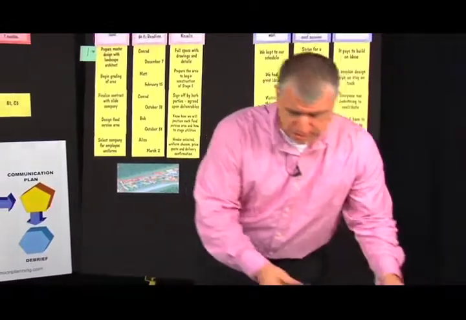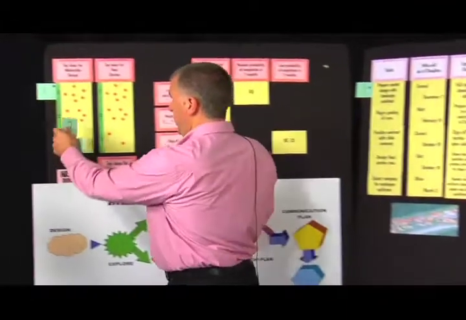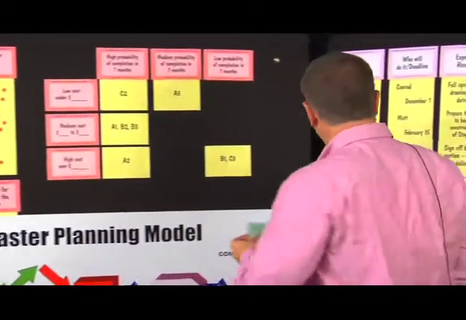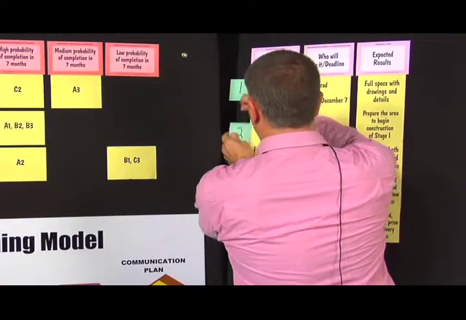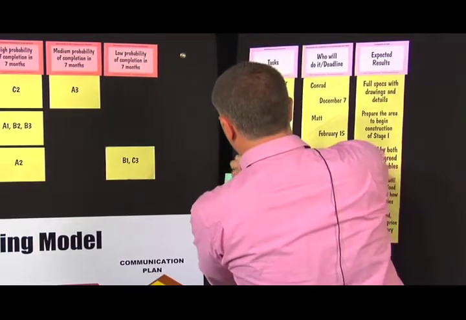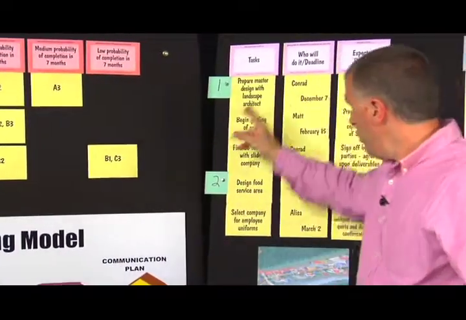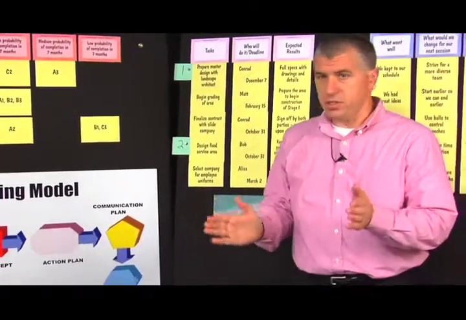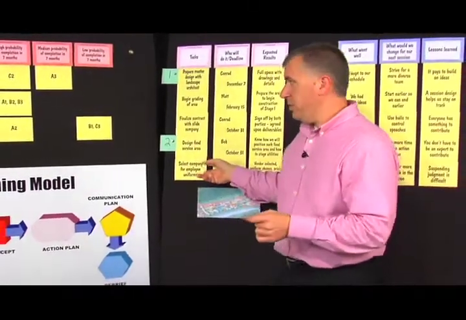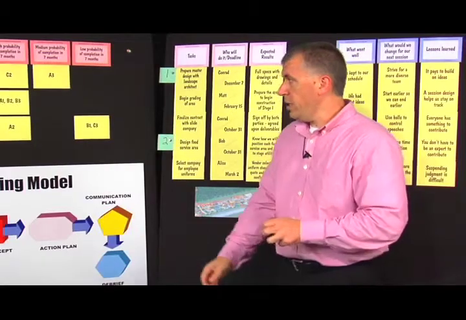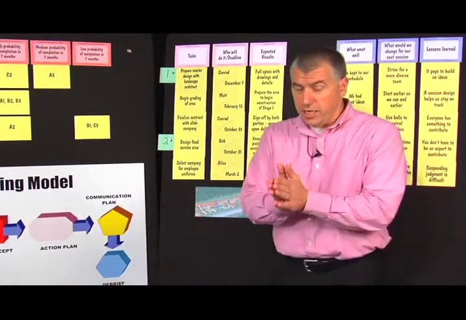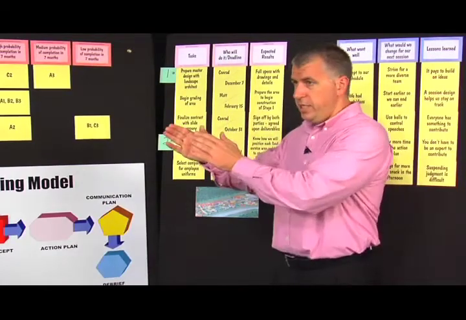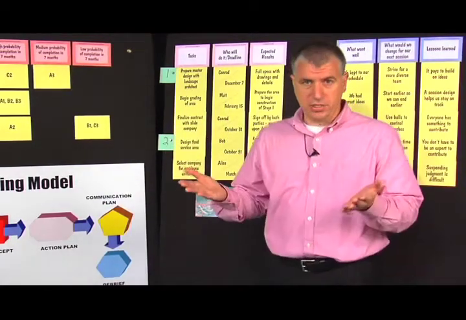You would drop down the 2, again code it, could be A1, A2, put it down here. So when looking at this, the first 3 tasks go with the first top idea, second 2 tasks go with the second idea.